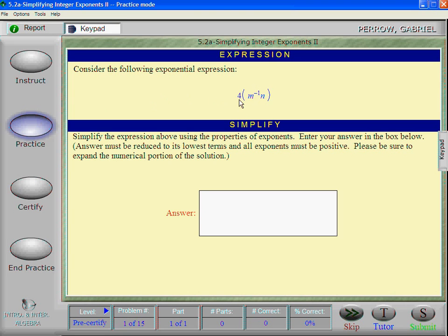They say 4 times parentheses m to the negative first times n. So m like Michael, n like nickel. You don't really even need these parentheses here because there's no power on the outside, and there's nothing to distribute.